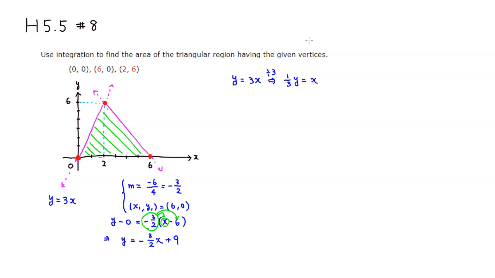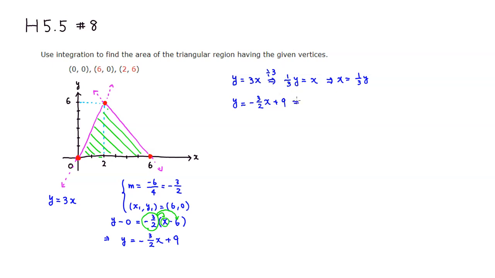So you can rewrite it as x equals 1/3 y. So we got that. And the other one, you start out with y equals negative 3/2 x plus 9. Let's solve for x.